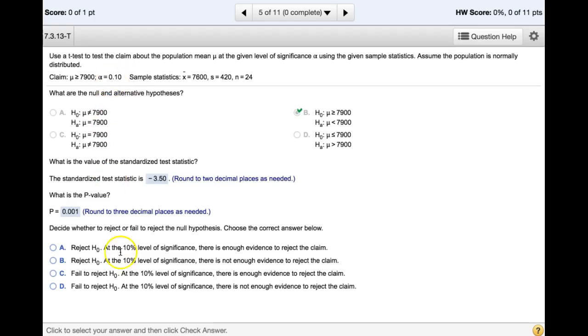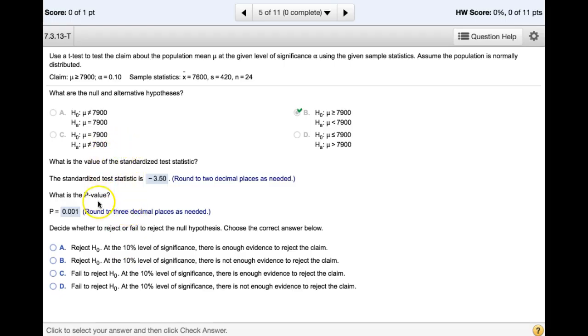And we see that this p-value, which is basically the probability under the area of the curve, is way smaller than the 0.10 here. So this is like 1/10 and this is like 1/1000th. So this p-value is going to be well within the rejection region.